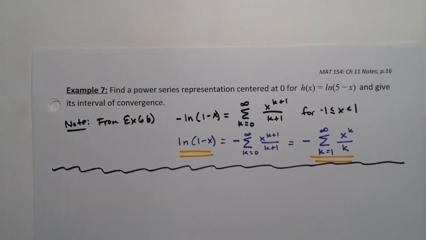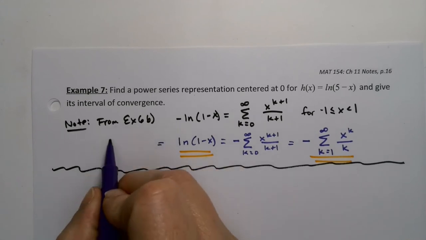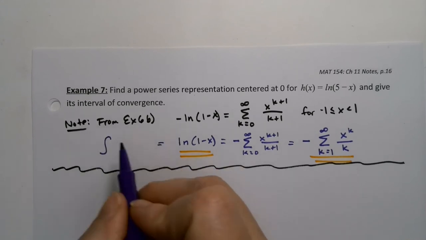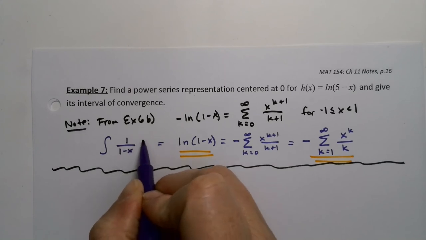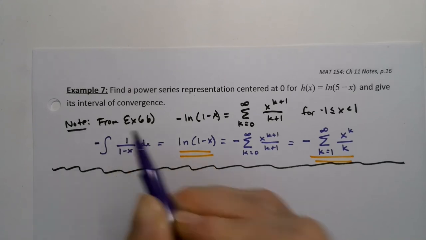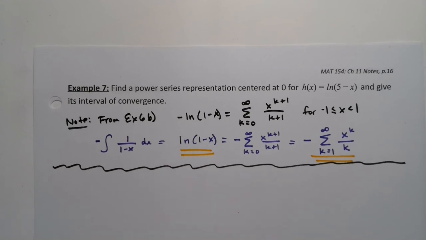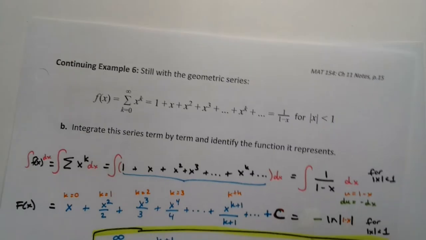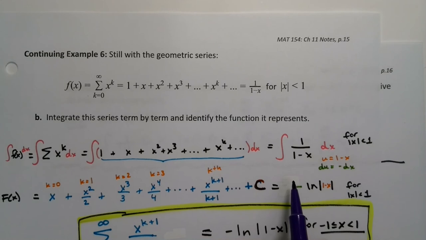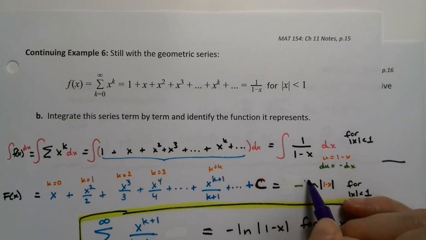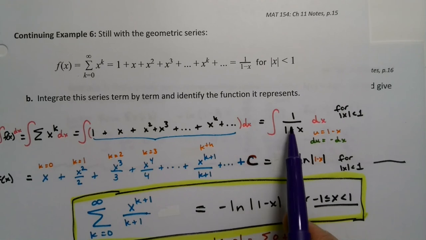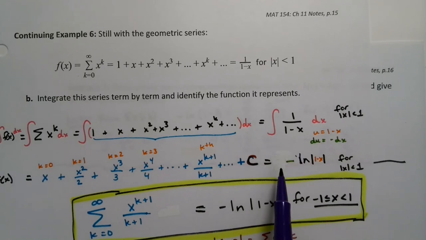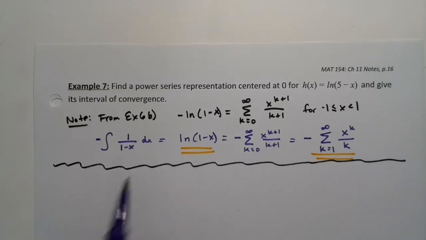But of course we found this by taking the integral of 1 over 1 minus x dx. And it would just be the negative of that because I switched the signs. So if you look at the problem we did, I had the integral of 1 over 1 minus x equals negative natural log. So if I want positive natural log, it would be the negative integral, since these are equal to each other. Okay, so how does that help me?